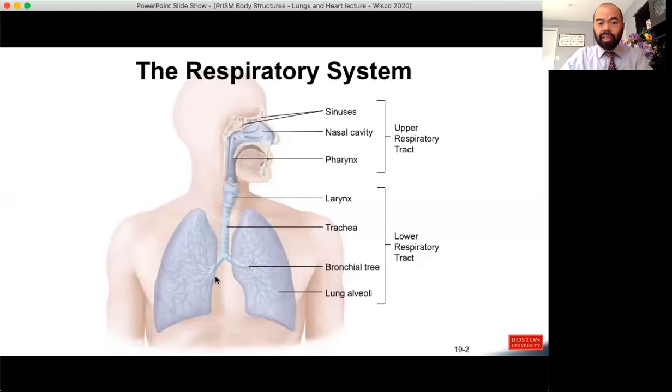So that has some clinical consequences as particulate matter or infection or foreign objects can tend to go into the right lung first simply because of gravity if the person has aspirated anything while they are standing up or sitting up. The other consequence of that also is if we need to drain the lungs.